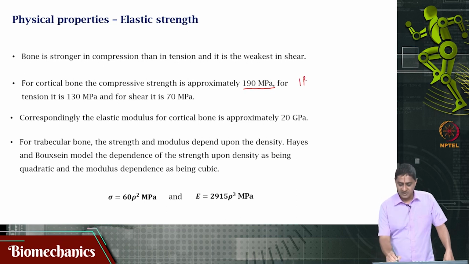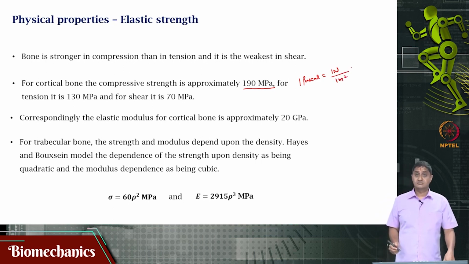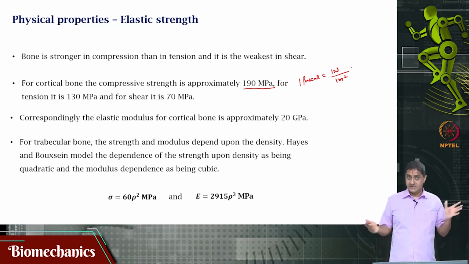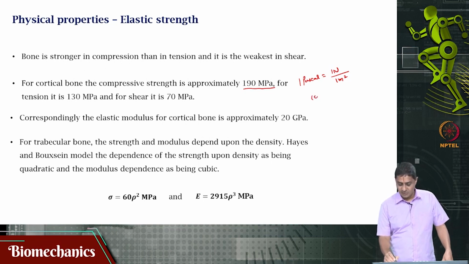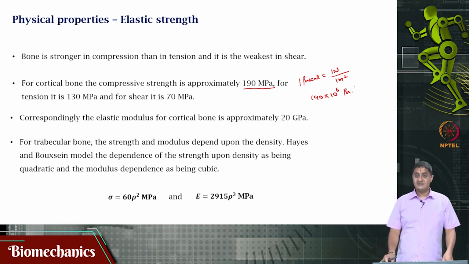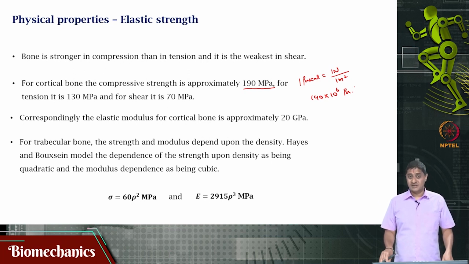What is a Pascal? 1 Pascal is 1 Newton of load in 1 meter squared area. 1 meter squared is a very large area, and if you just apply 1 Newton load on it, that is called 1 Pascal. 190 megapascal means 190 into 10 to the power 6 pascals, which is the compressive strength this bone has without damaging.